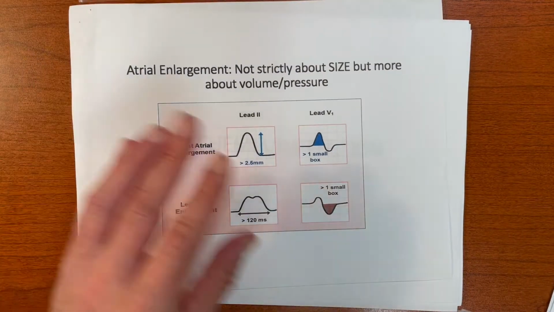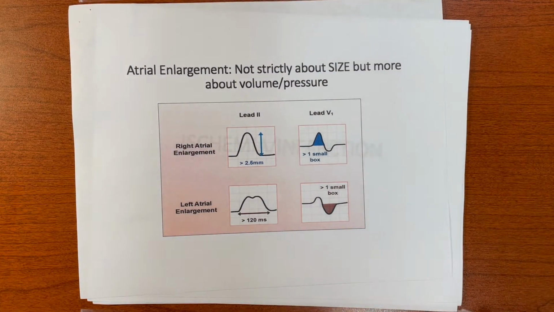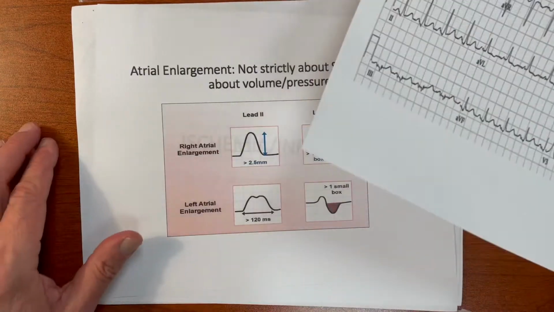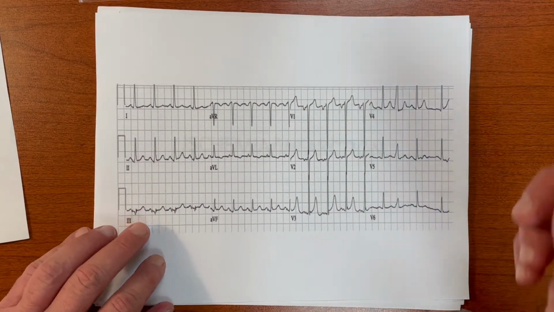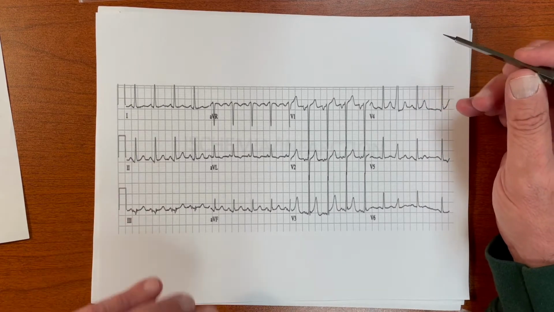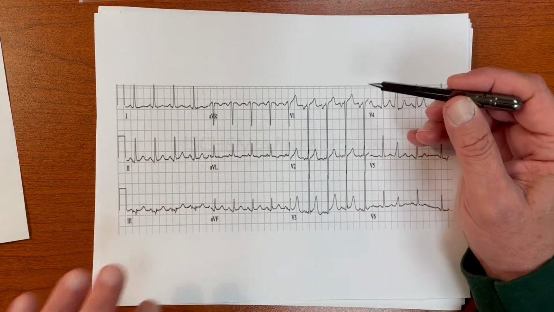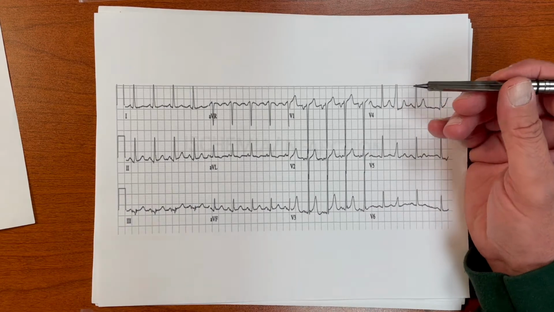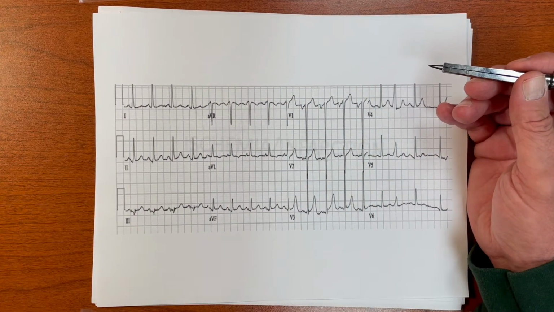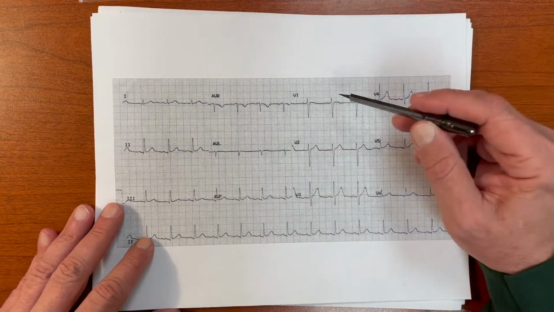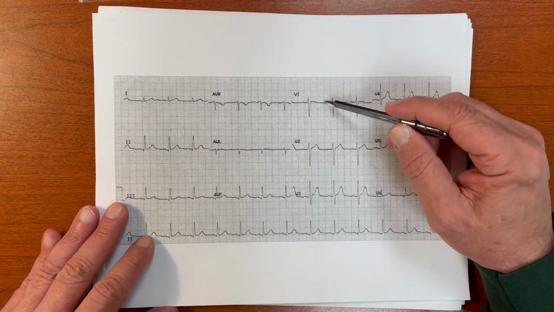And what does that look like, let's say on an EKG? All right. On this EKG, what do we notice? Notice how on a standard EKG, this is what a P wave looks like in V1.